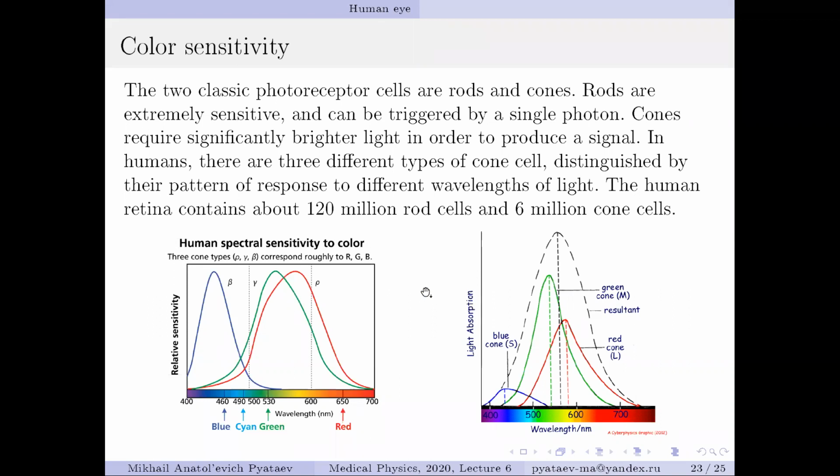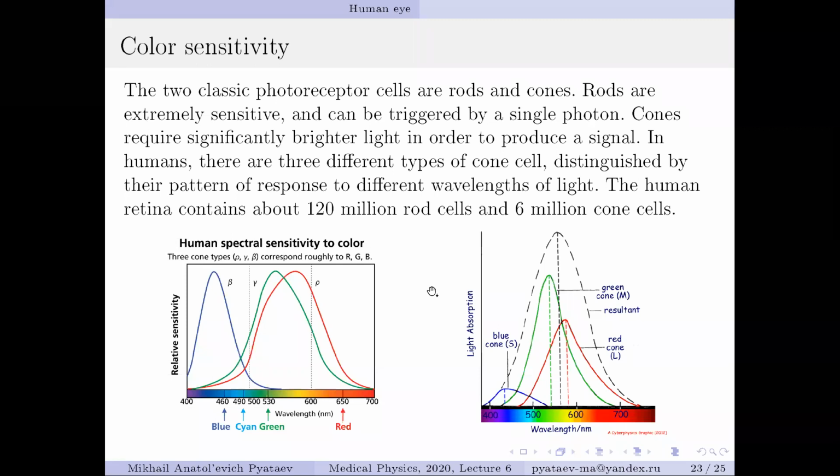But if we mix these lights in a special proportion, then it will be sensed by our eye as white light.